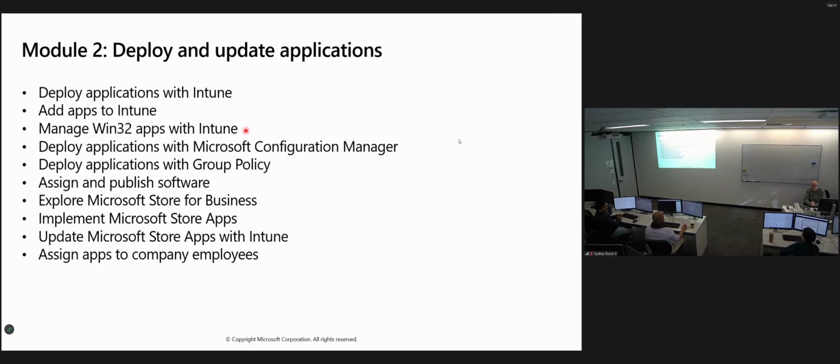Now we're also going to look at traditional stuff over here. So deploying applications with Config Manager, deploying applications with group policy. This is assigning and publishing through group policy. For some reason, they've still got the Microsoft Store for Business stuff here. So the Microsoft Store for Business was deprecated in March, April this year.